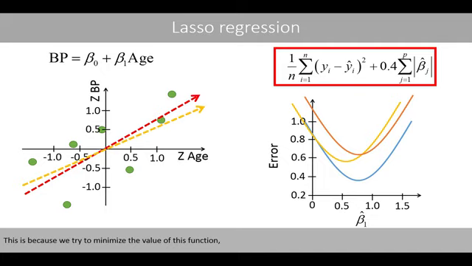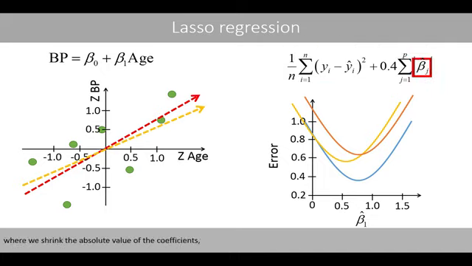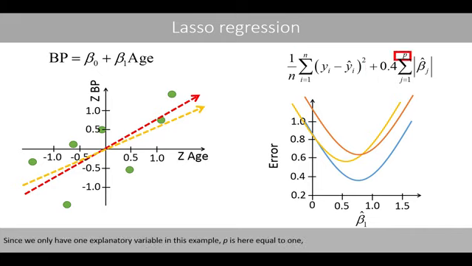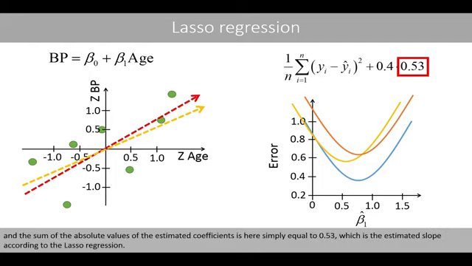This is because we try to minimize the value of this function, where we shrink the absolute values of the coefficients as much as possible so that we still get a good fit. Since we only have one explanatory variable in this example, p is here equal to 1. And the sum of the absolute values of the estimated coefficients is here simply equal to 0.53, which is the estimated slope according to the Lasso regression.